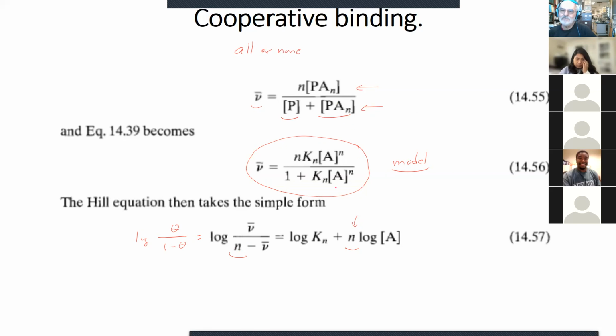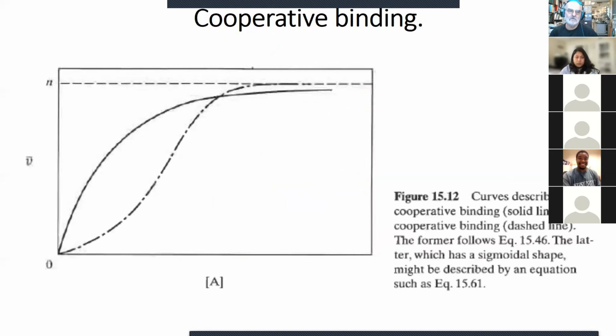Okay, so this is the all or none situation. If you have intermediates, then you will have transitions between none bound and 1 and 2 and 3 and up to n, so it'll look more complicated. So here's a traditional way that you have seen data presented. This is not quite the myoglobin, but it's approximately the myoglobin situation. This is n ligands bound. You can see in the data that it's a non-cooperative binding curve.